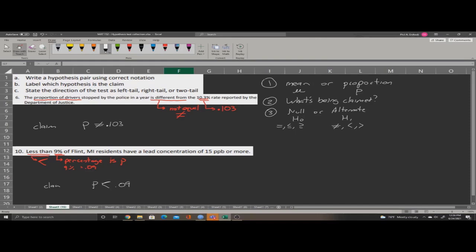Let's look to our symbol. Our first symbol in number 6 says not equal, and that falls in the alternate category. So we'll place an H1 next to this claim. We see in problem 10 that we have a strictly less than sign. This is also an alternate symbol, so we'll place an H1 next to this as well.